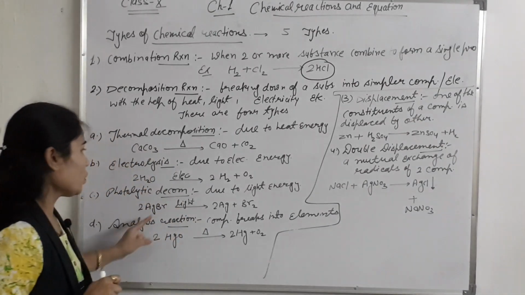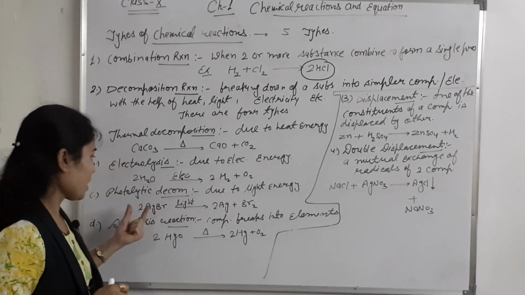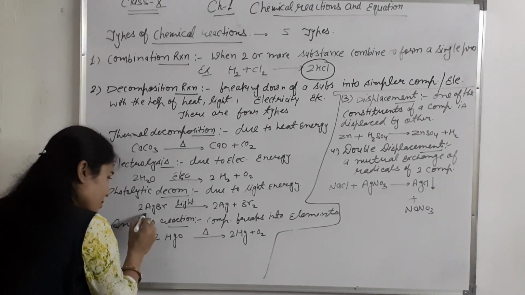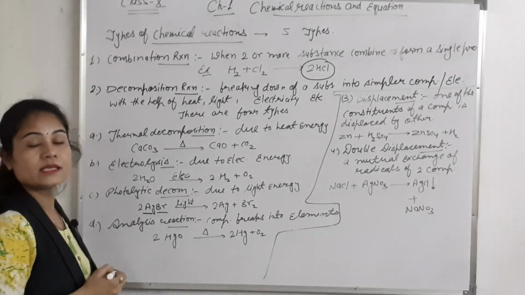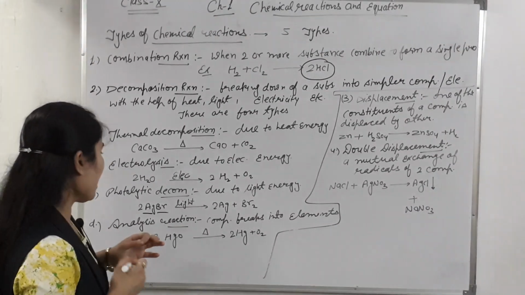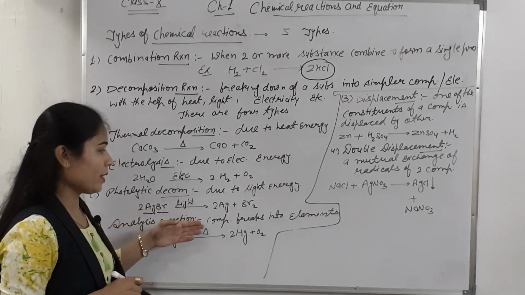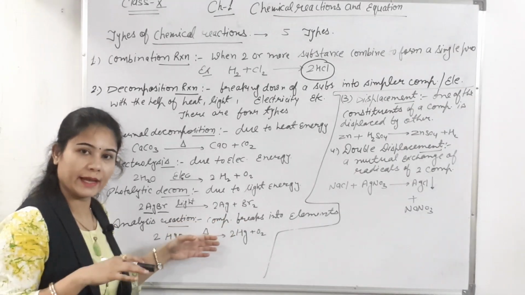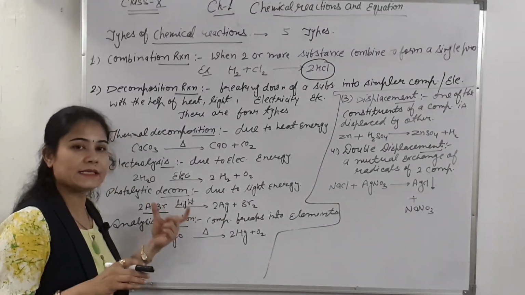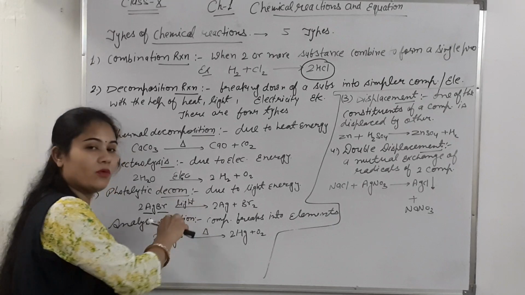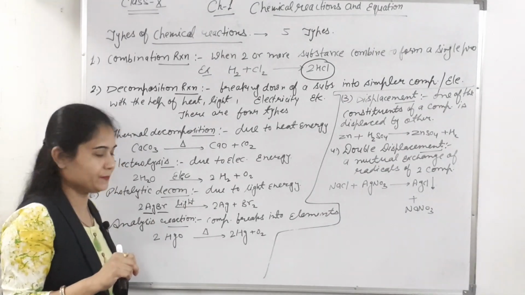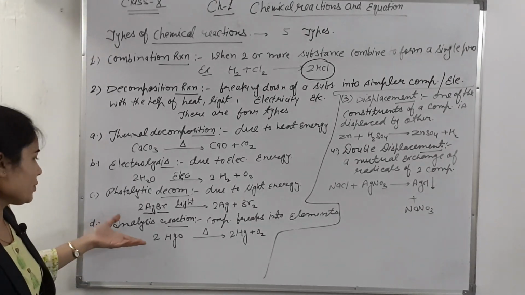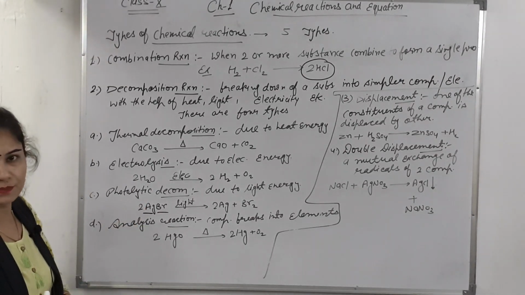So due to light energy, AgBr, that is silver bromide, we break down this silver bromide into silver and Br2 with the help of light. This process goes on easily with the help of light or natural light. This is photolytic decomposition.